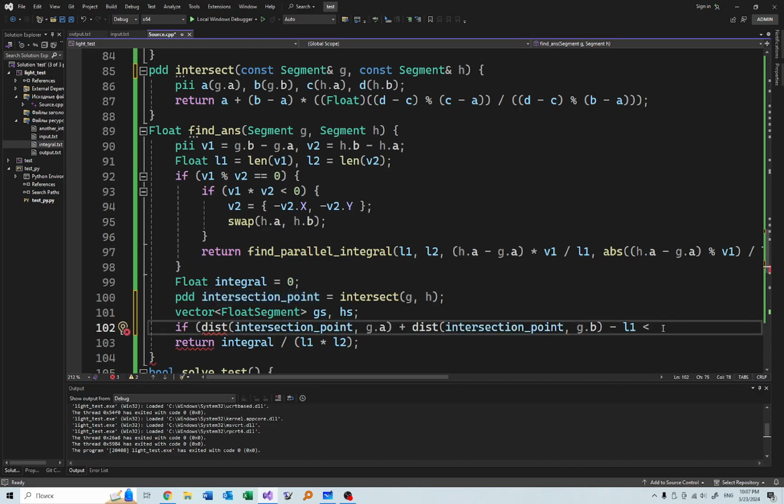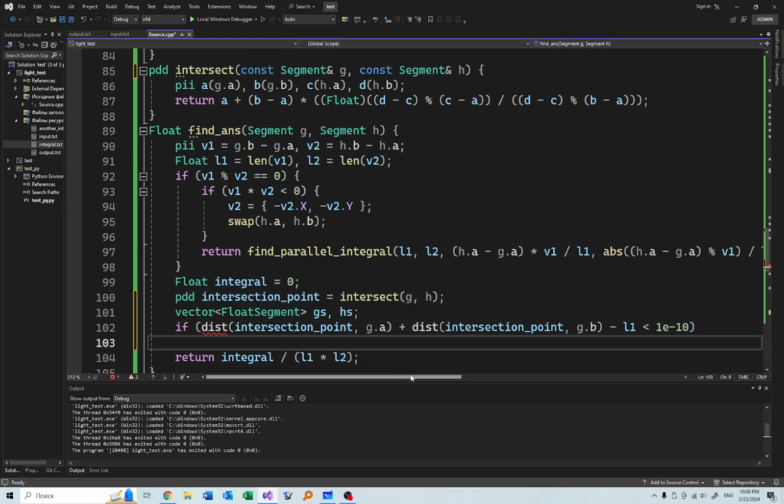And if this is less than 1e minus 10, this means that probably we need to subdivide our segment into two.